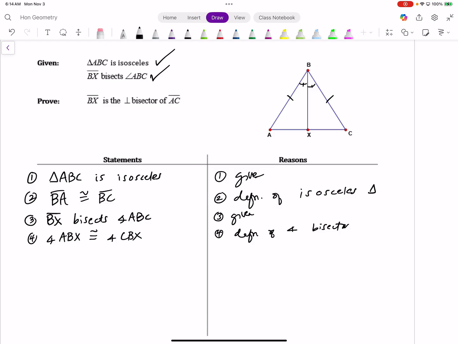Okay, so what we're trying to prove is that BX is the perpendicular bisector of AC. So we've got to prove the perpendicular part, we've got to prove the bisector part. Probably we're going to want to get there with two congruent triangles. So I'm going to just go ahead and throw in that side being congruent to itself, because that's the reflexive property.